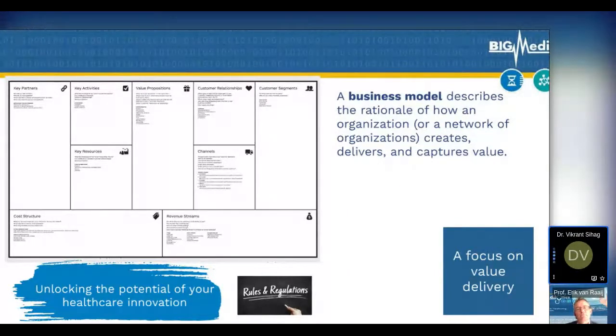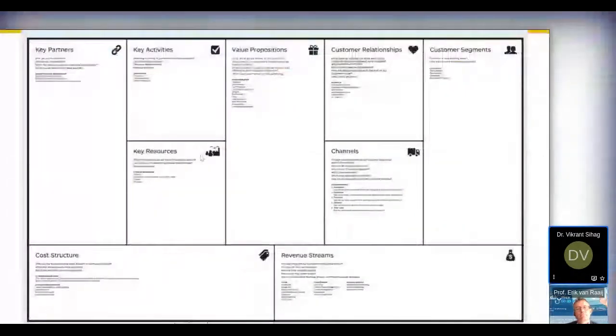Specifically, a lot of organizations use the traditional business canvas that you can see on the screen to think about how they are going to deliver value to different customers. They begin with identifying various customer segments to which they will be delivering value, and then they think about the value propositions for these customer segments.